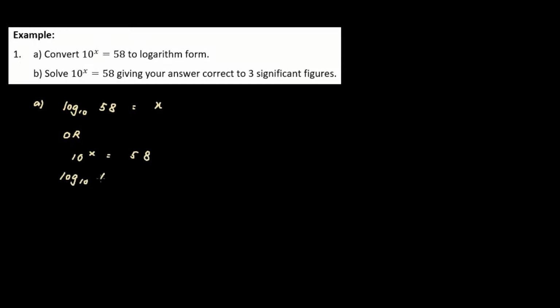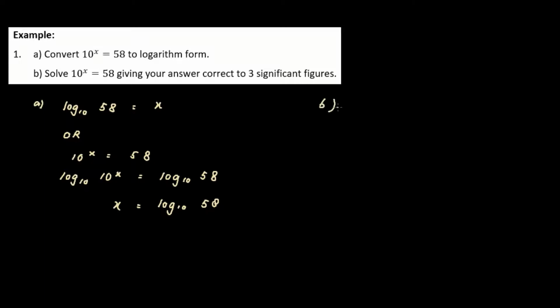So log base 10 of 10^x equals log base 10 of 58. So if you remember just now, there's an identity that tells you that log a of a^x equals x, right? So that's why you're left with x here, then equals log base 10 of 58. So you can see it's the same thing. But I would say just use the first method, it will be much easier.